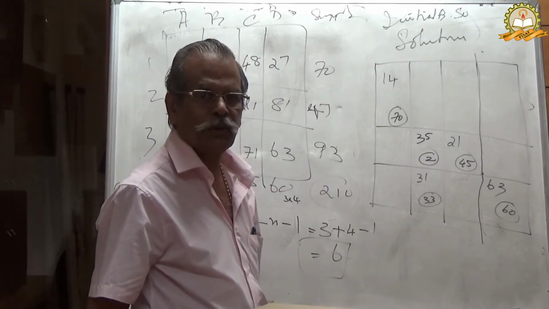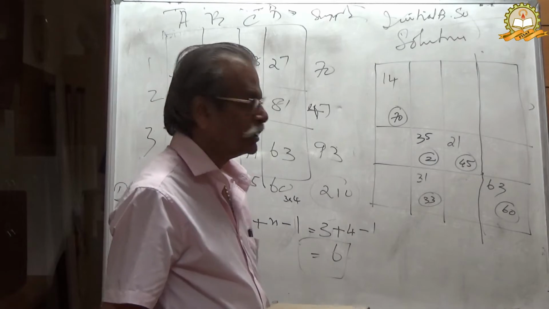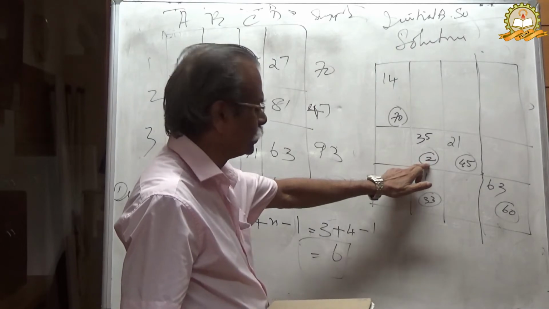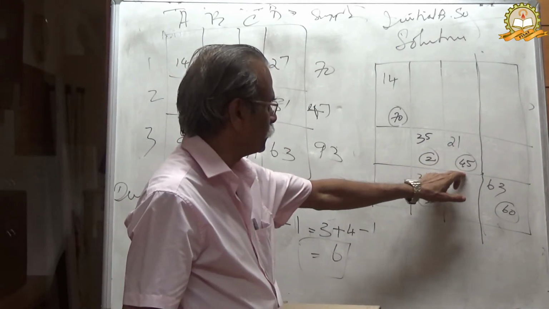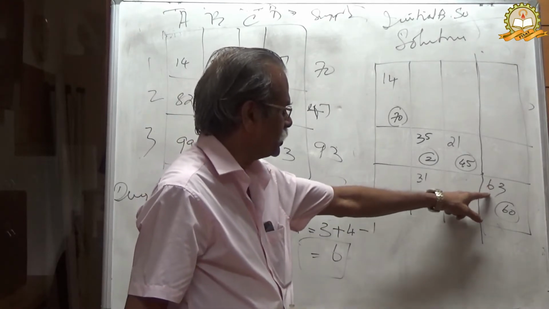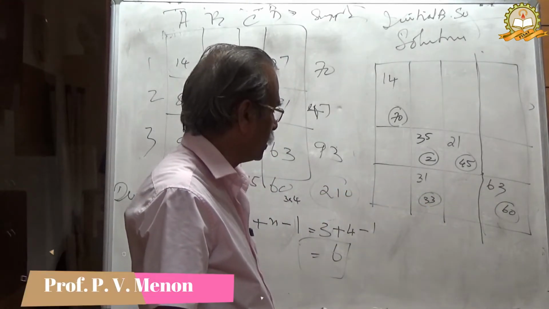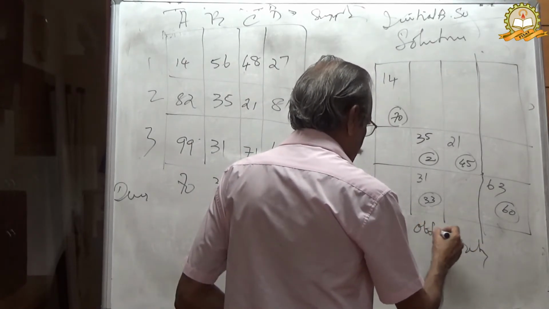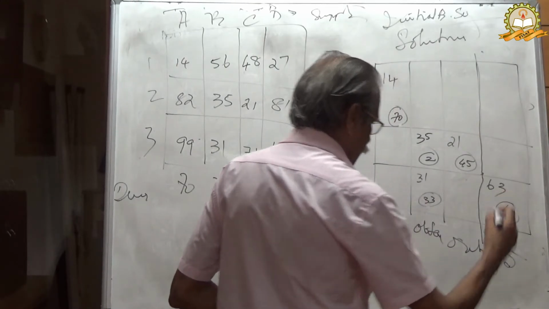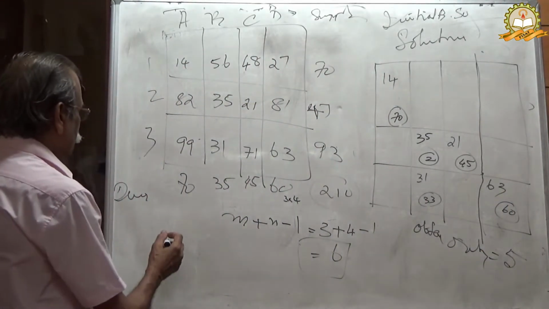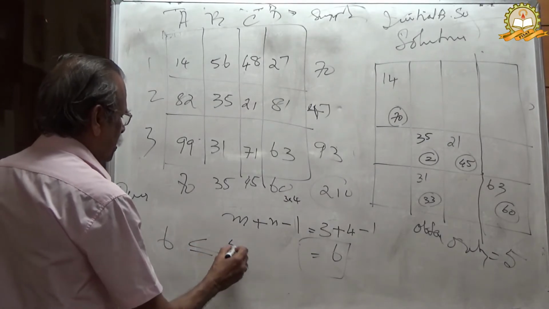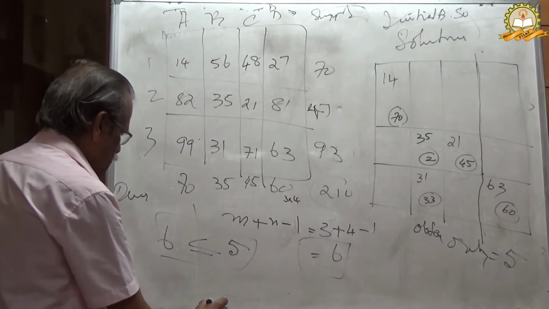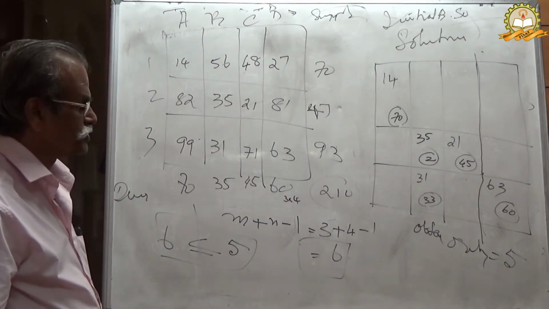The allocation we obtained by the solution is 14 into 70, 35 into 2, 21 into 45, 31 into 33, 63 into 60, only equal to 5. Therefore, we say 6 less than or equal to 5. This is wrong.